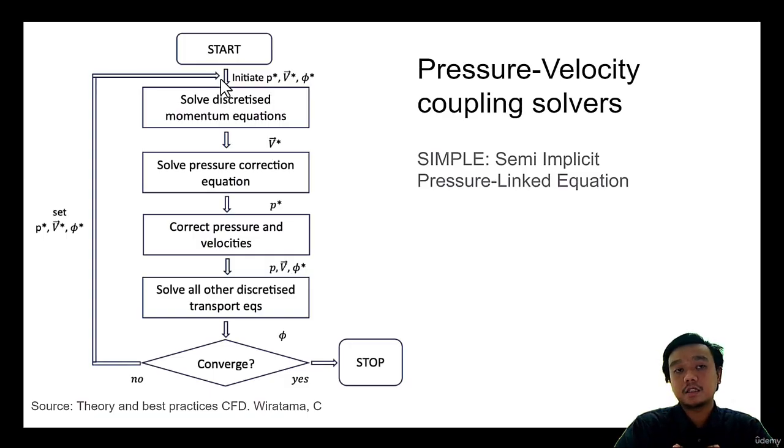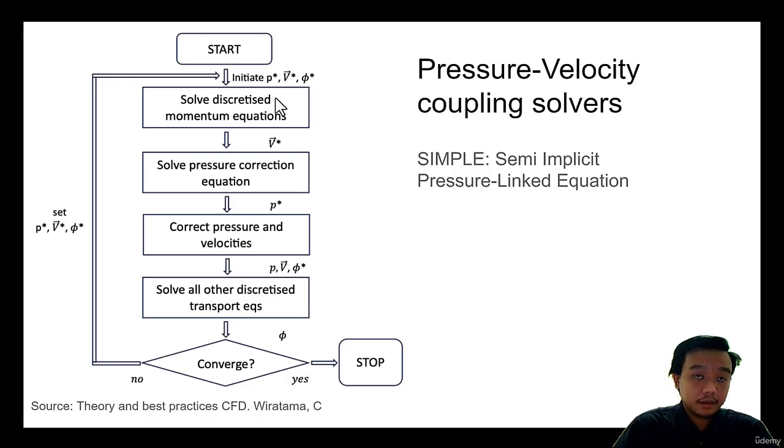So let's say if we have one equation with two unknowns, it will be very hard or even impossible to solve. That's why we have pressure-velocity coupling solvers to solve it one by one.